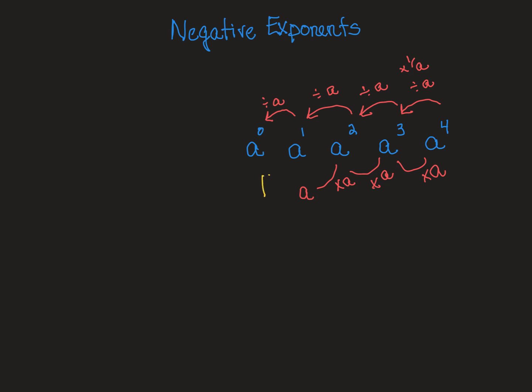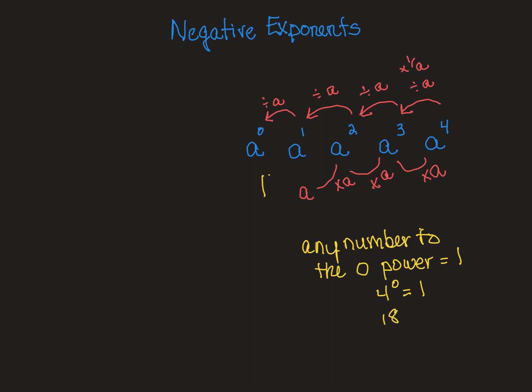I want you to please take this in your notes: any number to the 0 power is equal to 1. Okay? Any number. 4 to the 0 power is 1. 18 to the 0 power is 1. Anything to the 0 power is 1.